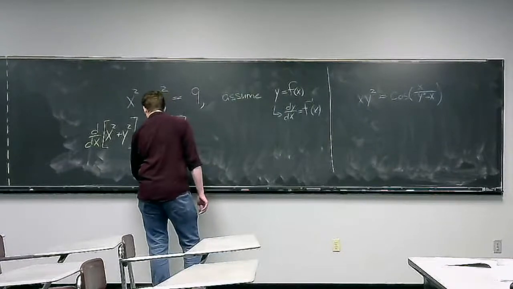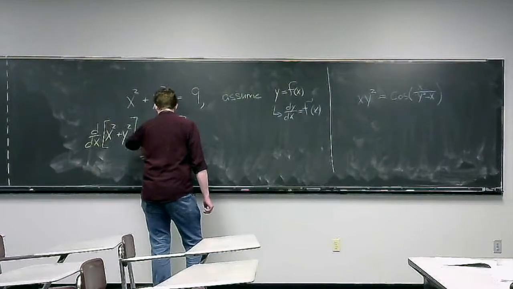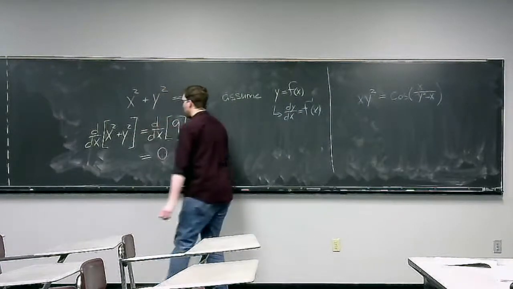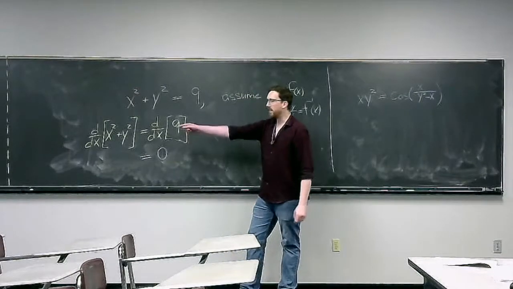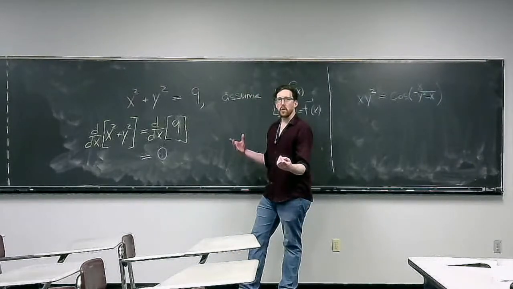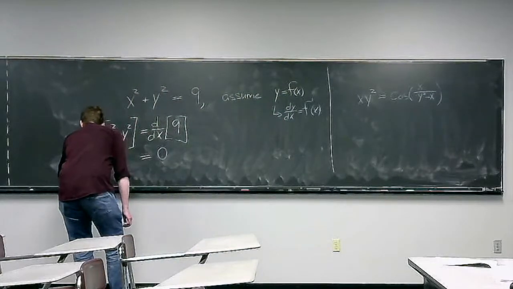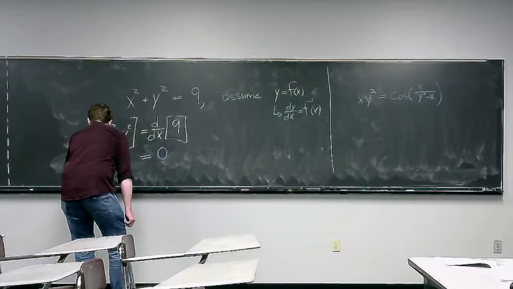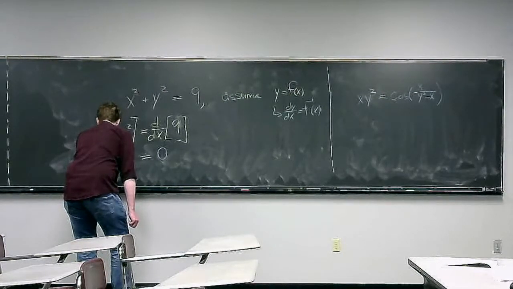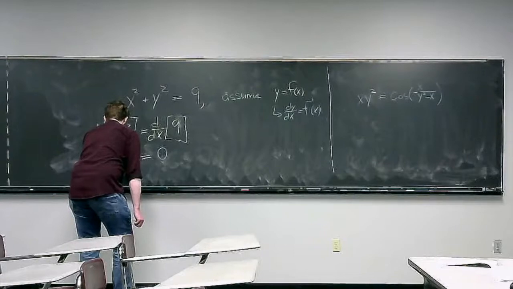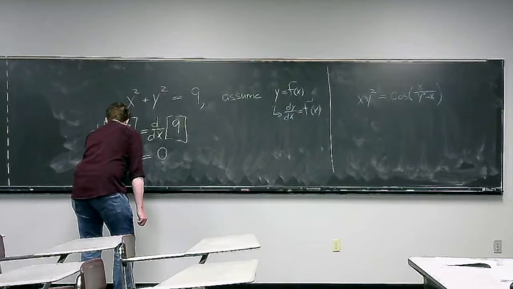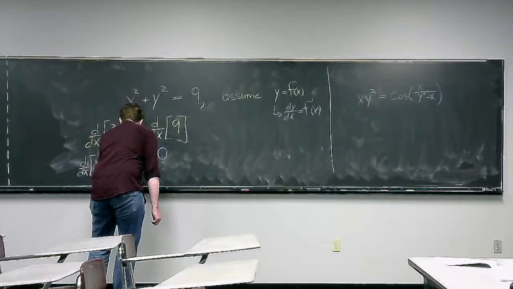I say, you are correct. This is equal to 0 on the right-hand side. But on the left-hand side, we need to apply that derivative to each individual term. So this is going to be d dx of x squared plus d dx of y squared.